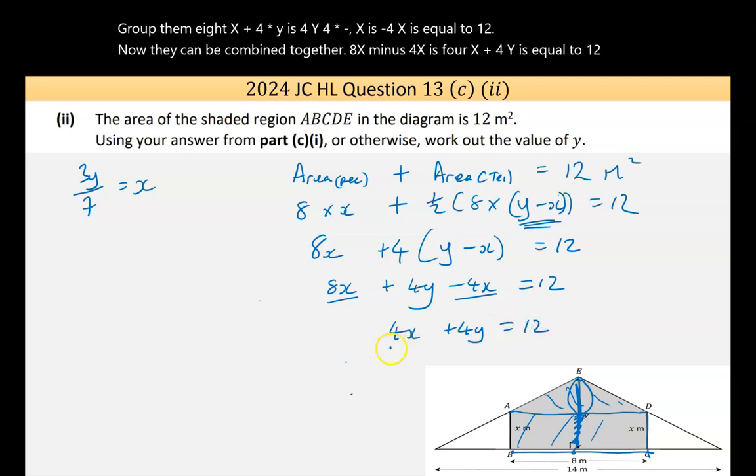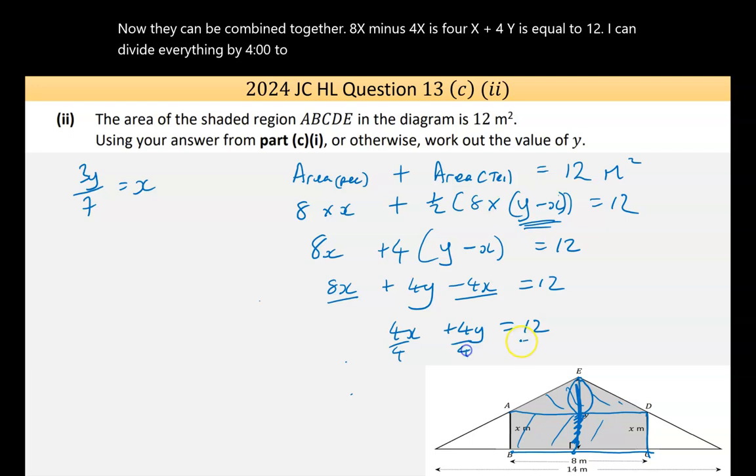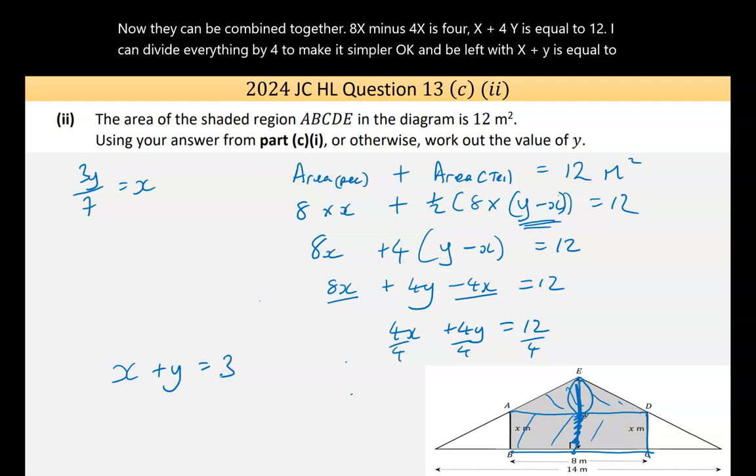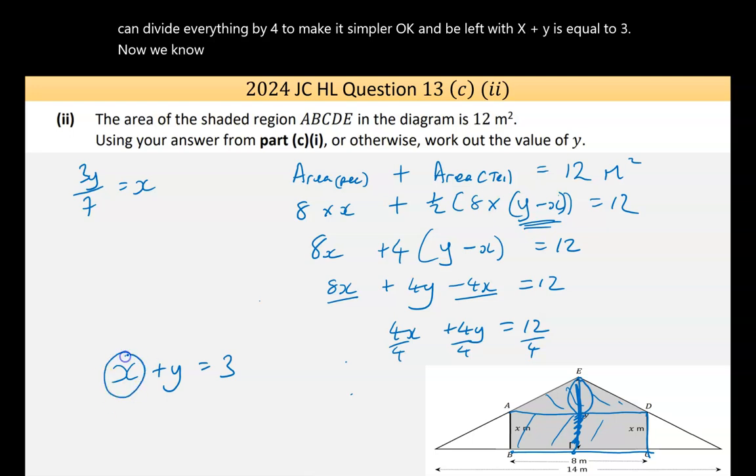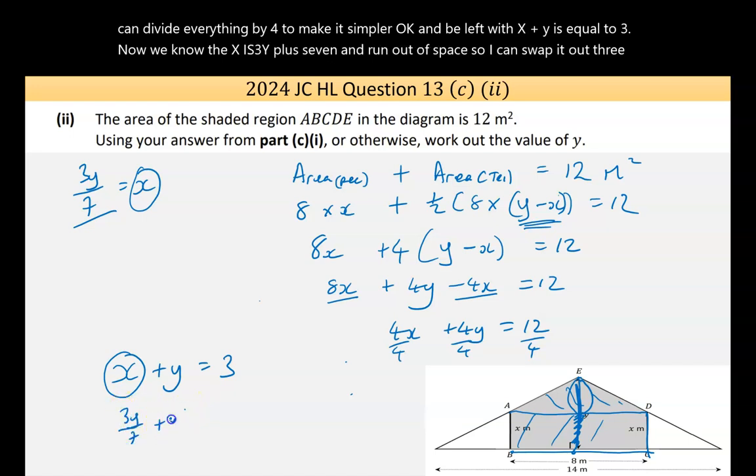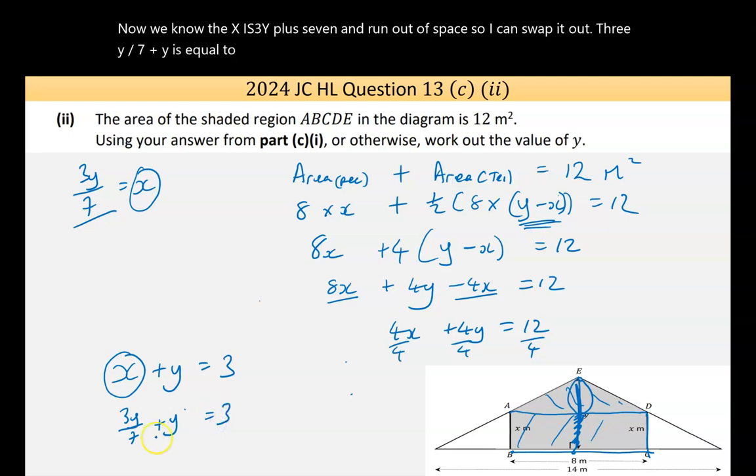I can divide everything by 4 to make it simpler, and be left with x plus y is equal to 3. Now we know that x is 3y over 7. I'm running out of space. So I can swap it out. 3y over 7 plus y is equal to 3.